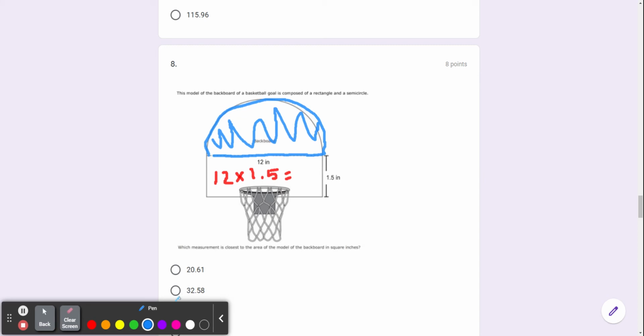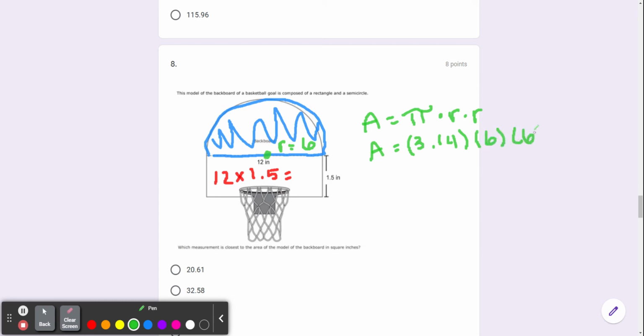So I'm going to find my radius first. My radius is 6. And I know the formula for a circle is area is equal to pi times the radius squared. So 3.14 is pi, and again, if you want to round down to 3, that's fine with me, times 6 times 6.